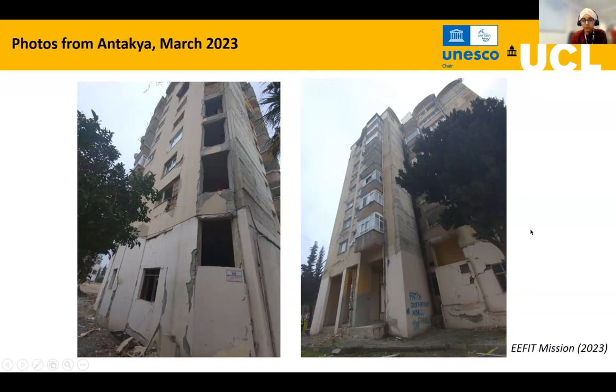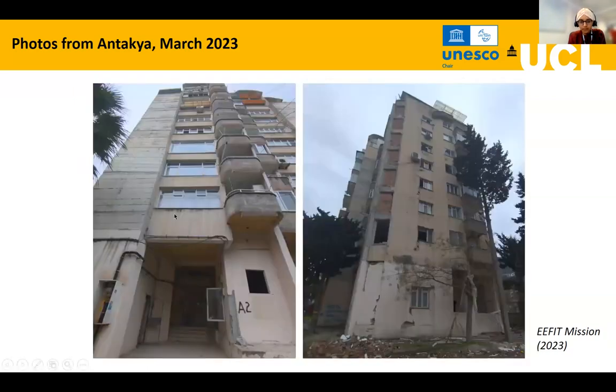So the retrofit was intended for the life safety performance level of the expected earthquake at the location, which it was able to perform. And as you can see in these figures, these additional shear walls are still very visible on the exterior of these buildings. And you can see other components such as unretrofitted masonry infills have still undergone damage.